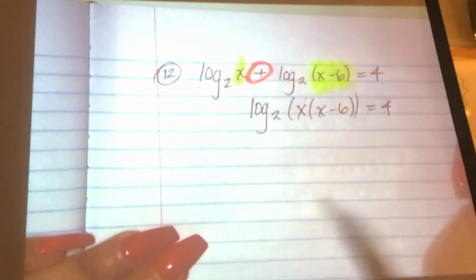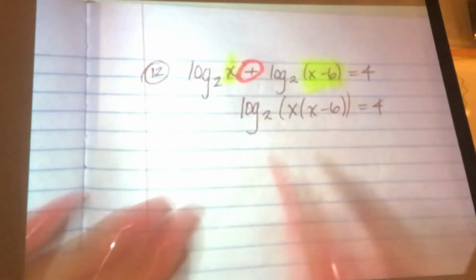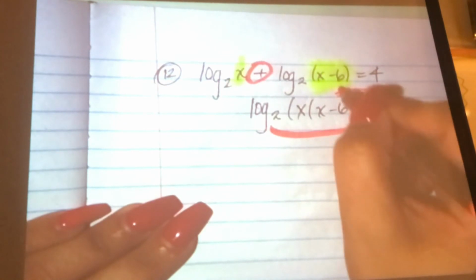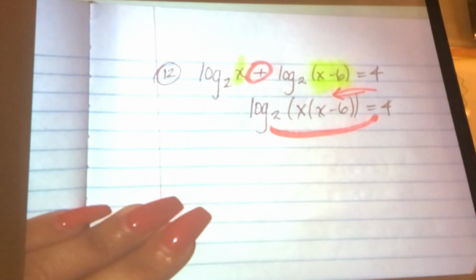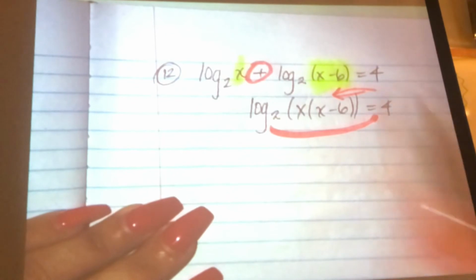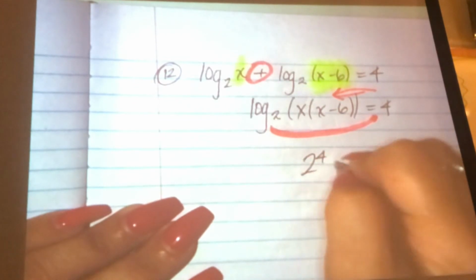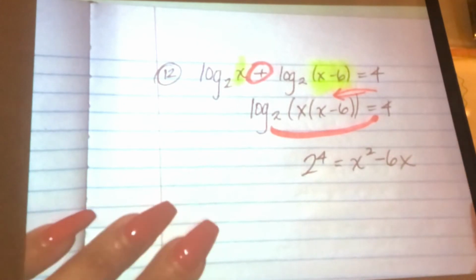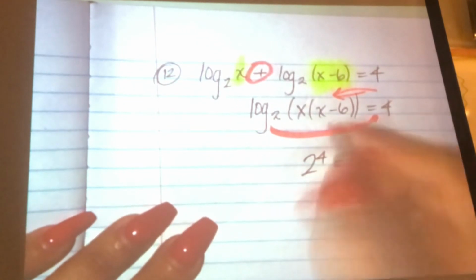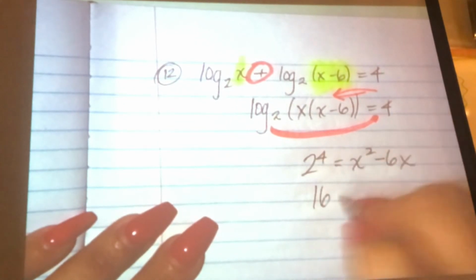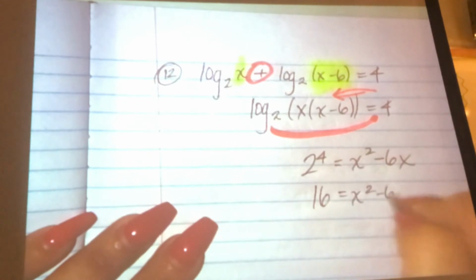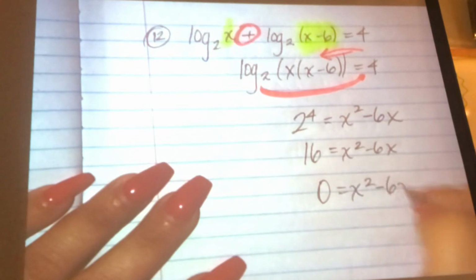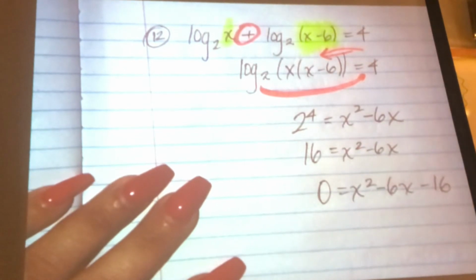We're going to do what we did last night. We're going to piggyback this 2 over the 4 equaling that argument. So that's 2 to the 4th equaling x squared minus 6x. 2 to the 4th is 16 equals x squared minus 6x. 0 equals x squared minus 6x minus 16.